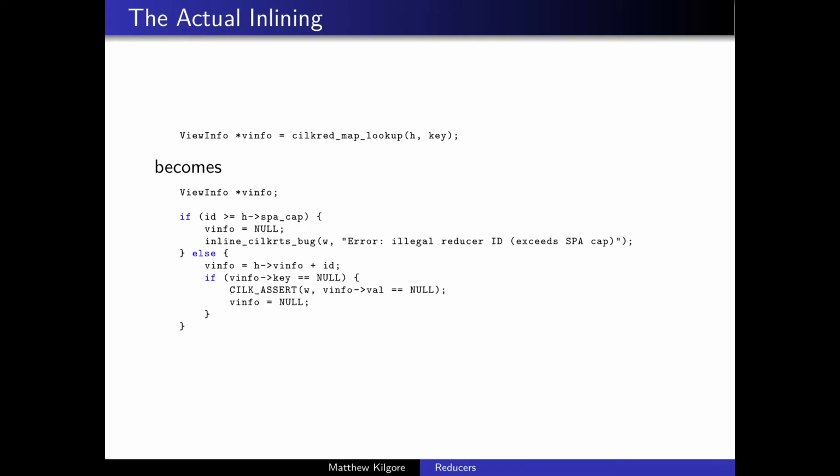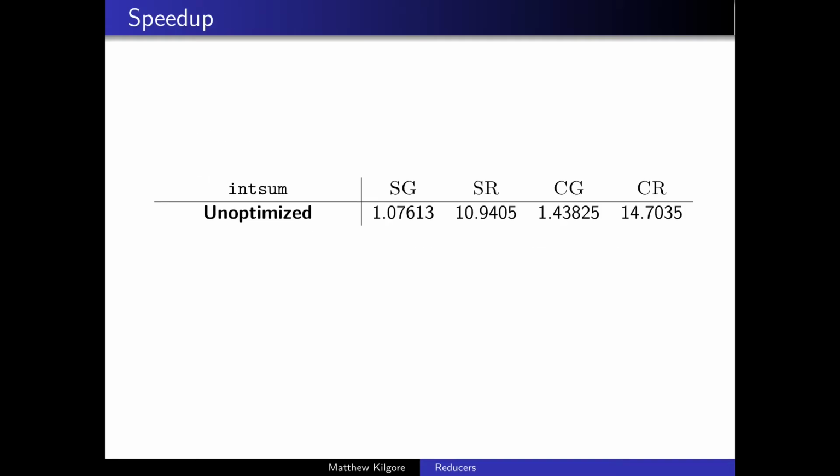So let's look at the numbers again. Once again, we have that rather horrifying unoptimized performance. Again, I show you in the current implementation, and it's not actually that bad. We're just using this for illustrative purposes.